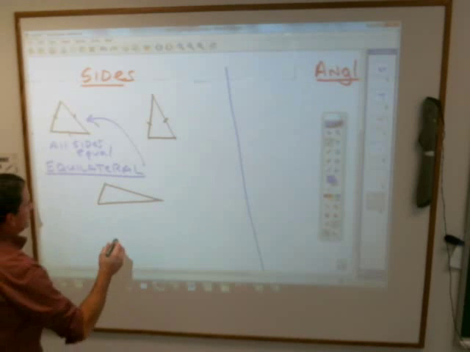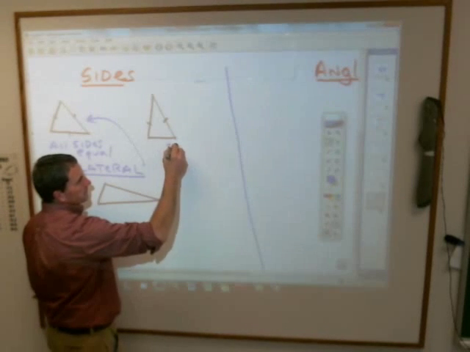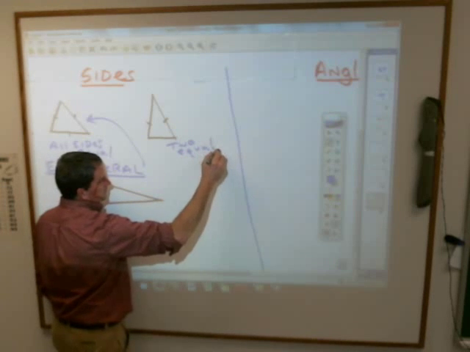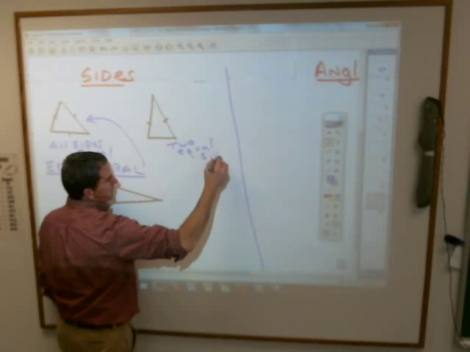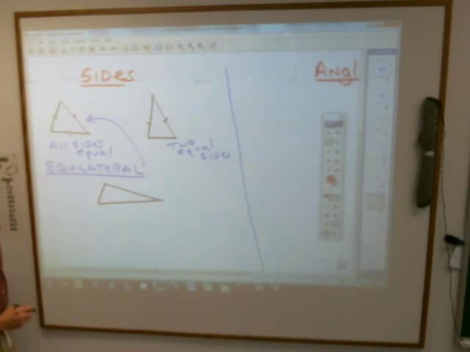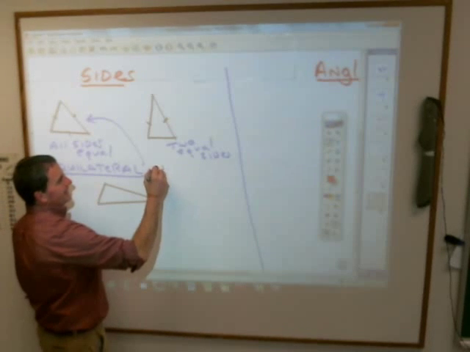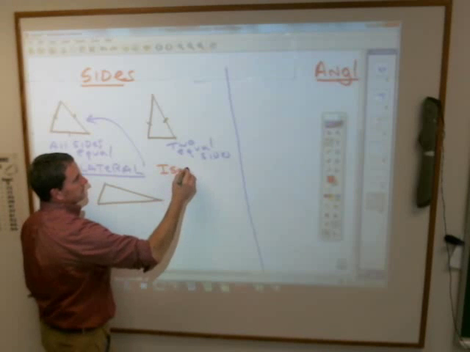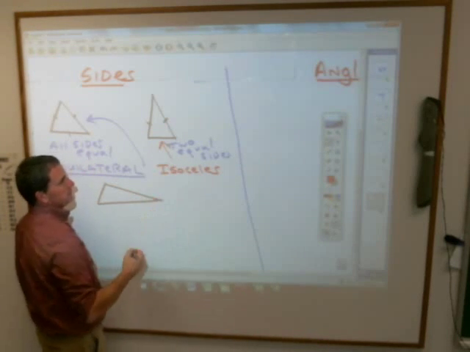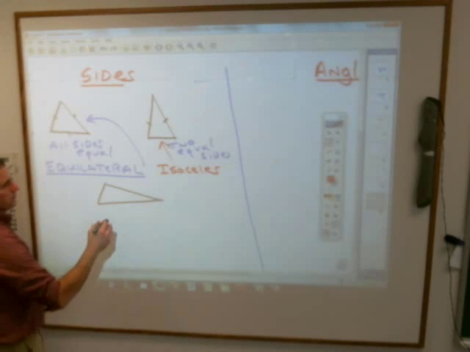If just two sides equal, anybody know what that one's called? Two equal sides. Not a word you hear very often, but it is called isosceles. Isosceles. Two equal sides.